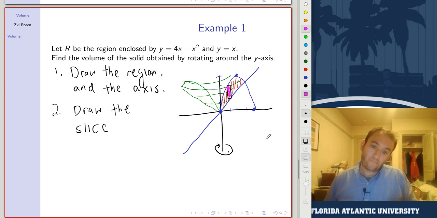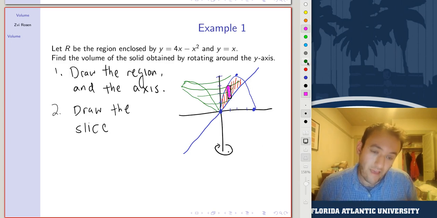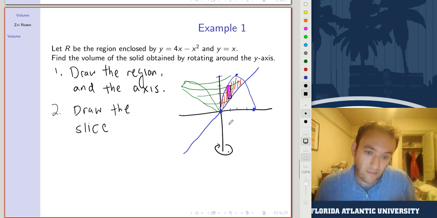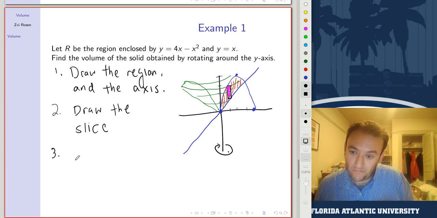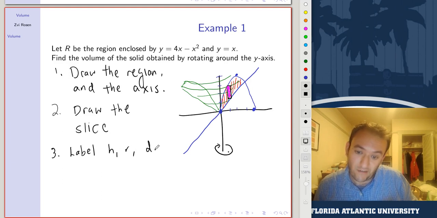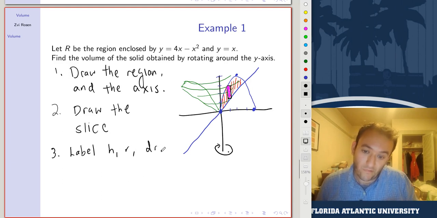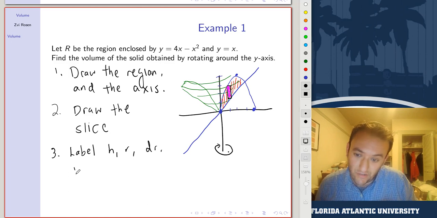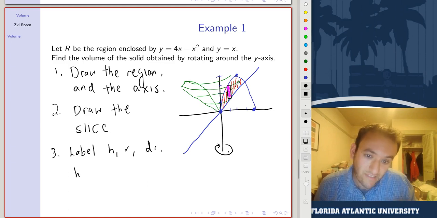And the next thing we want to do is label h, r, and dr. Our h is given by the height of this rectangle.